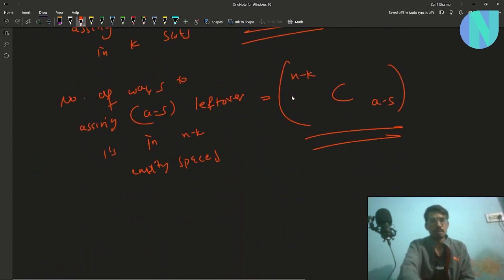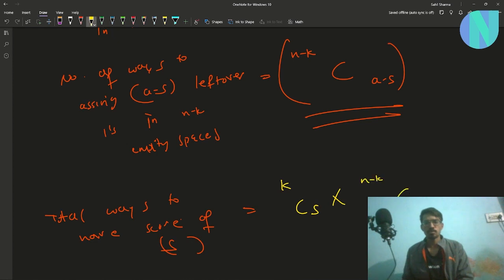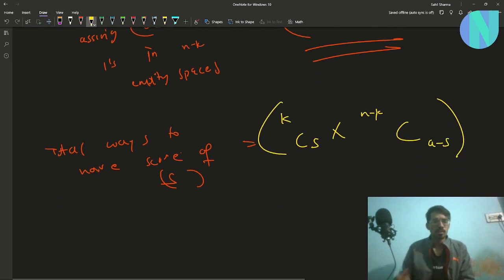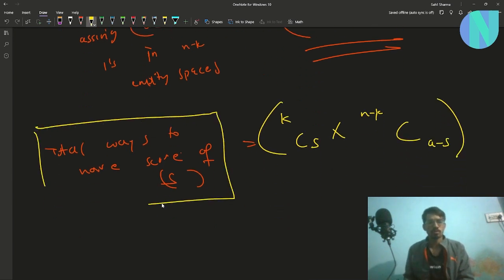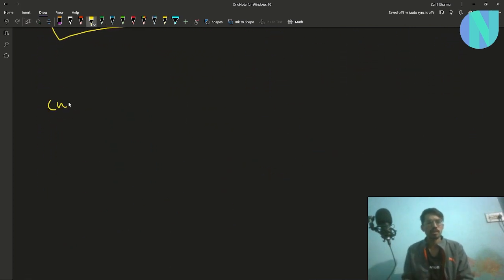So we can multiply both of these values, right? So the total ways to have a score of S is nothing but kCS into (n minus k) C (A minus S). So those are the total number of ways there are to have a score of S. So what are the chances of getting score S, or you can say P of S?